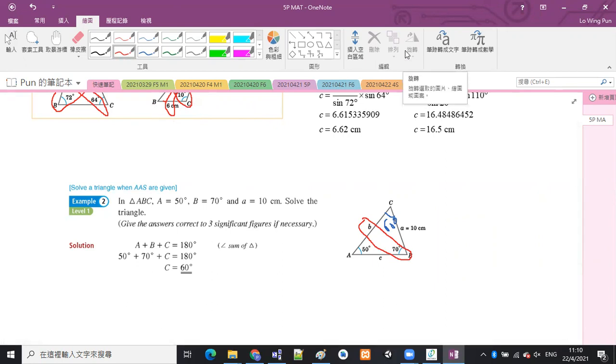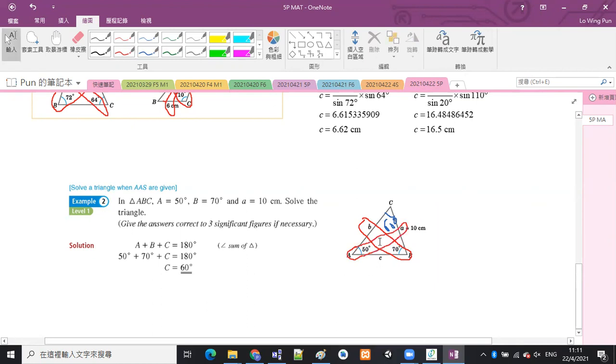But if we use c and 60 degrees, we will have 2 unknowns at one time. So c is not ready to be used. Can you see that? a is given, and angle A is also given. So we need to use this a pair first. Do you understand what I mean? Okay, good. So I am going to choose the angle A and length a for the first calculation.